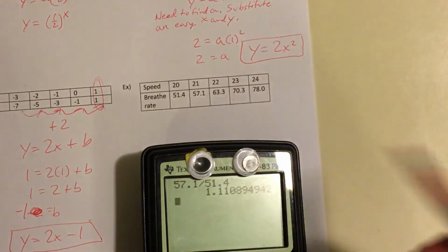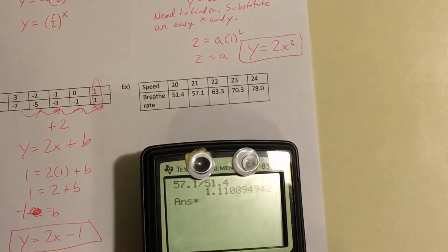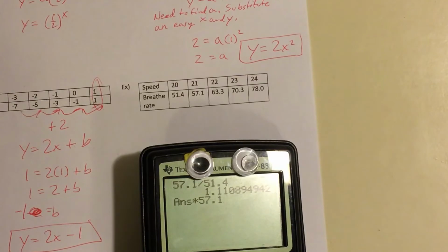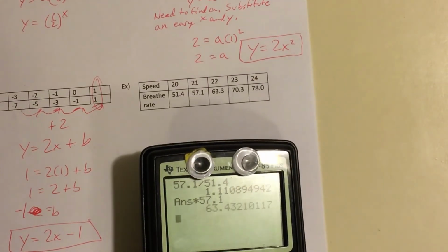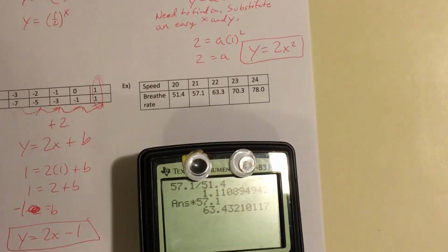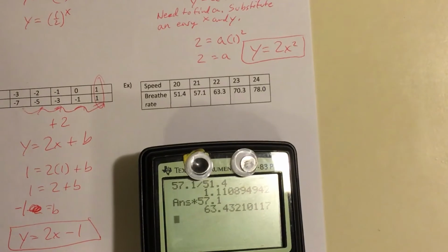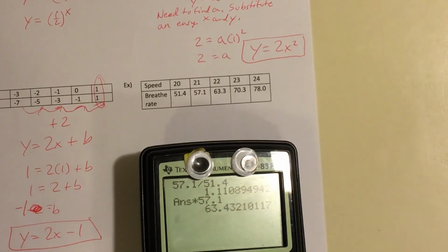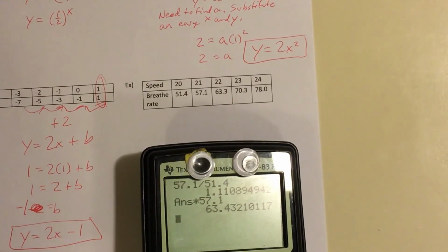Well, actually, I'll leave that in my calculator, and I'll times it by 57.1 and see if I get 63.3, if that makes sense. Okay. And I get 63.43, which is, you know, pretty close. It isn't exact, but it is close.